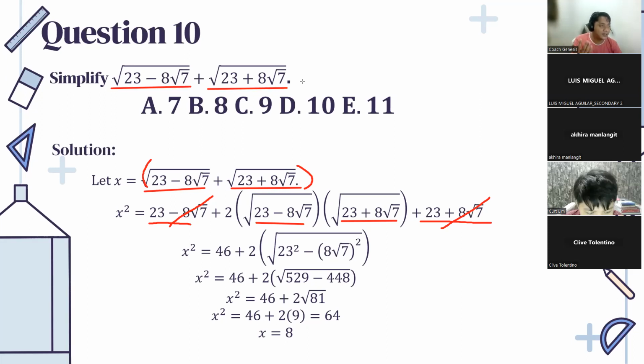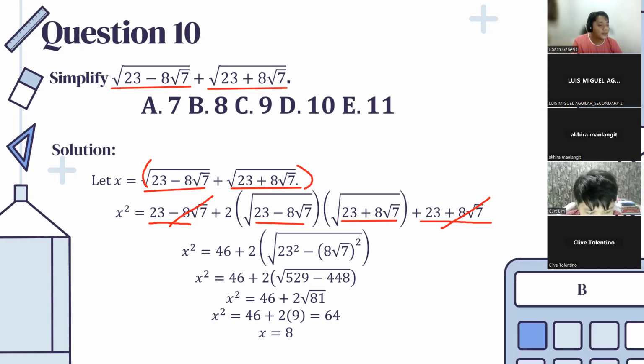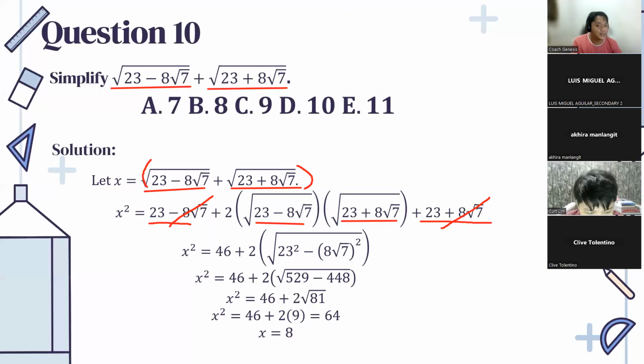It means that you are to give the positive root. That is why if you have a positive root added to a positive root, then your sum should also be positive. That's why we didn't consider negative 8 as a value. So that's it for number 10. The answer is letter B.